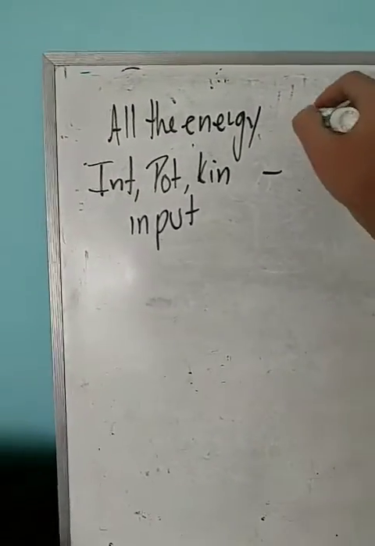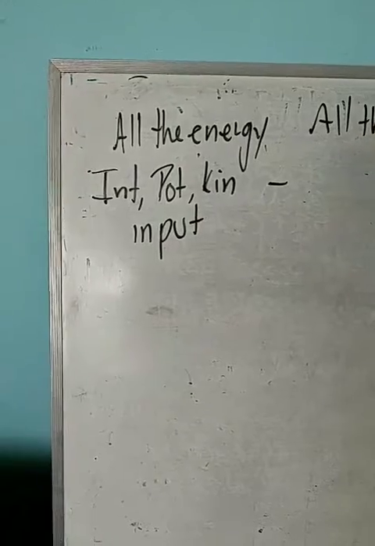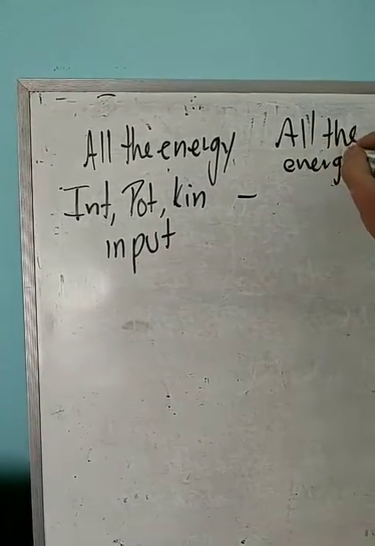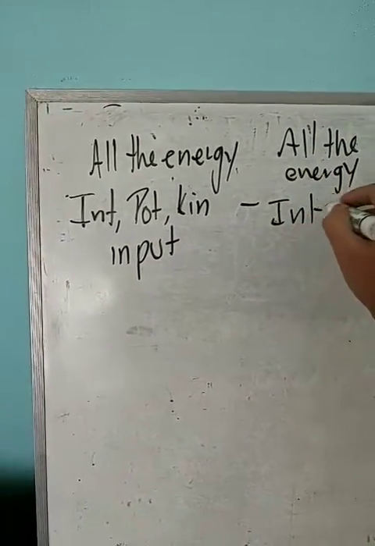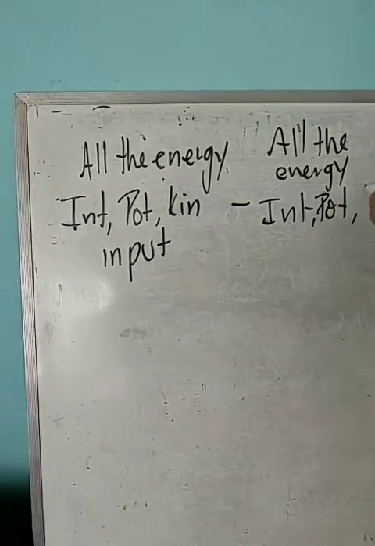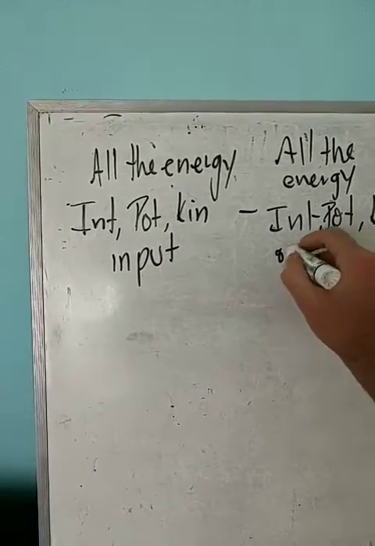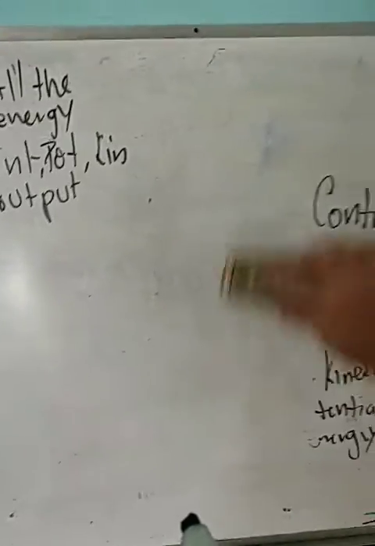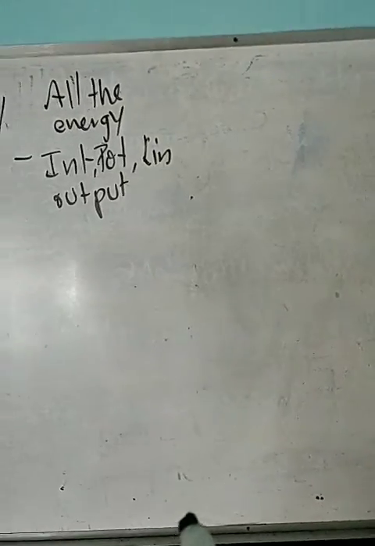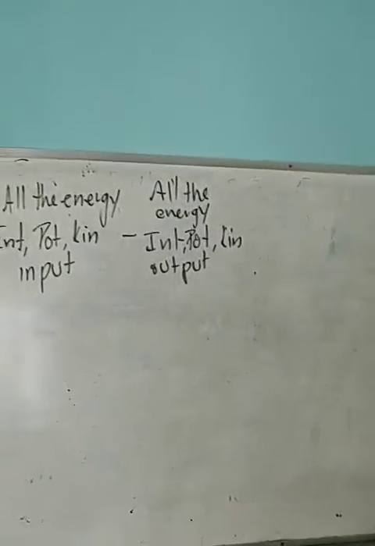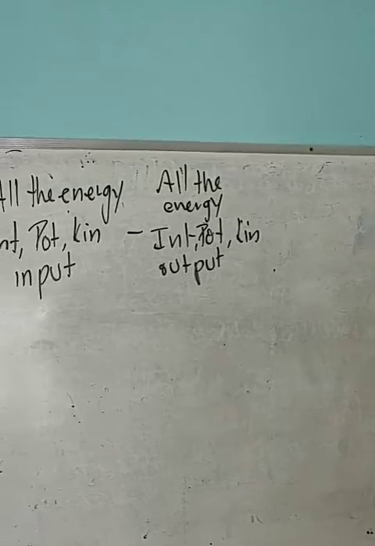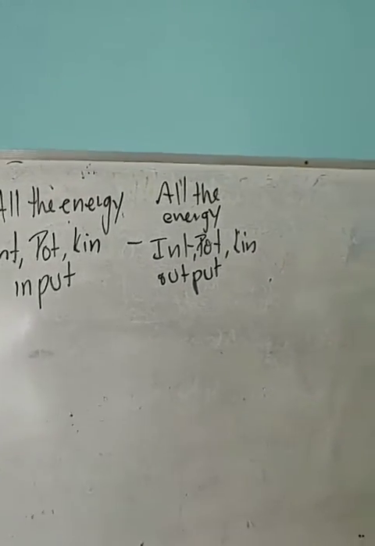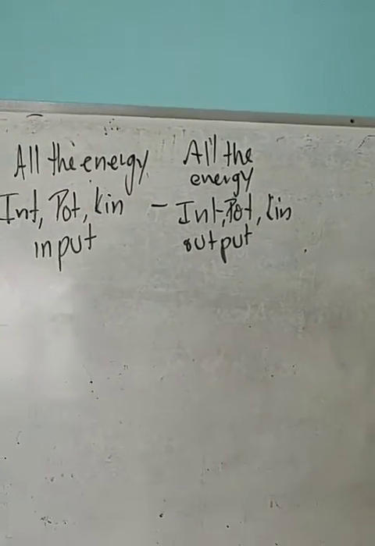The same situation, all the energy, in this case internal, potential, and kinetic, in the output. Okay? We're creating a balance because we're going to do an exercise in which you're going to consider what thing is important to consider, what thing is not, and you're going to determine the equations.